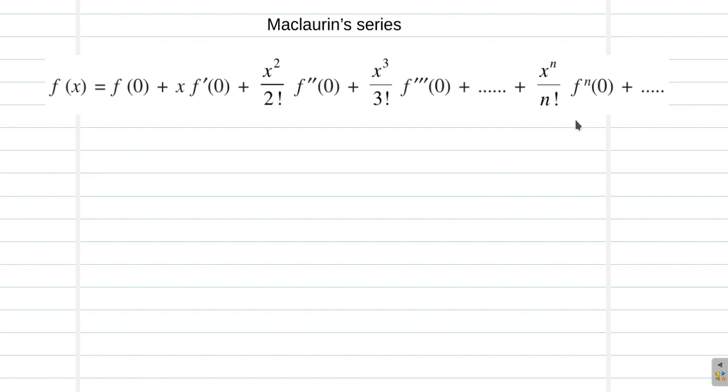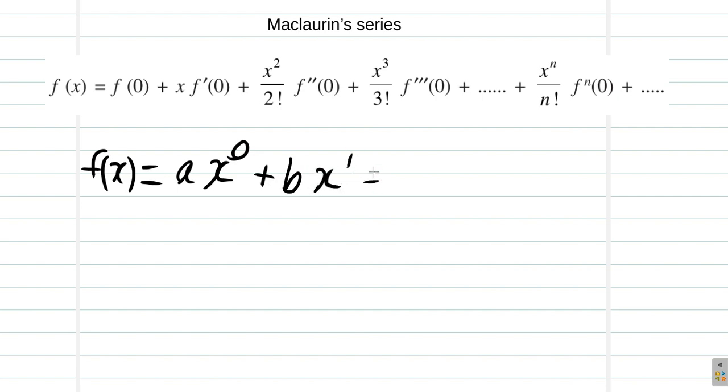Alright? Now, the Maclaurin series is a power series. And a power series generally is in the form f of x is equal to a number times x to the 0 plus another number, call it b, x to the power of 1 plus another number.